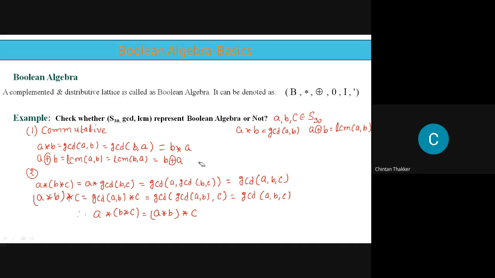Now the third, we have the absorption property. So for the absorption property, for any A comma B belongs to S30, we have four cases.